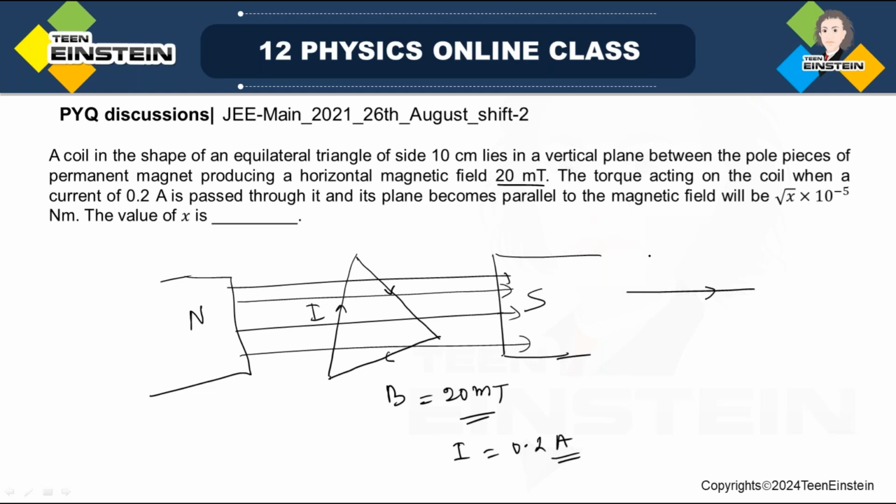Now your triangle will be looking like this. Plane of the triangle will be the same. Here you have to find out the torque, and that torque is given as root over x into 10 to the power minus 5 newton meter. You have to find out what is the value of x.